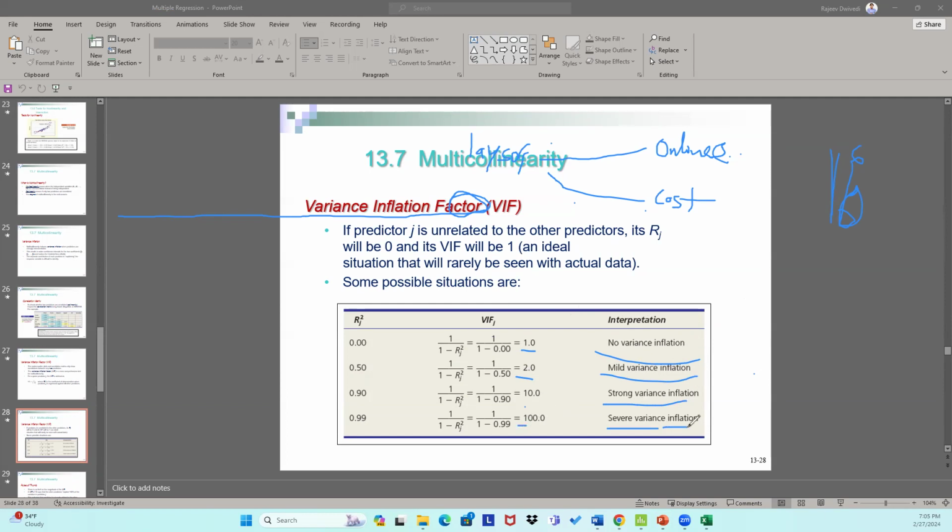In some academic research which I usually see, people report up to 6, 7, 8, and they don't see any problem up to that level. And there is now a debate in the statistics society and other research forums that multicollinearity or VIF is irrelevant in research.